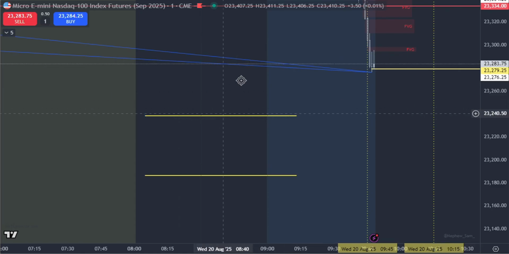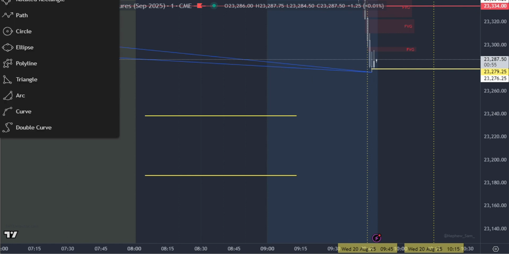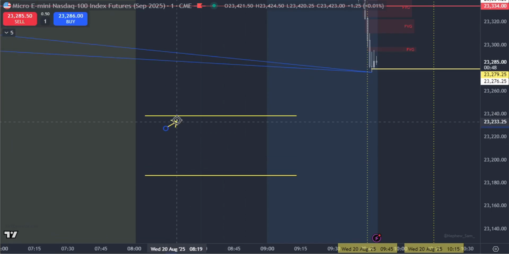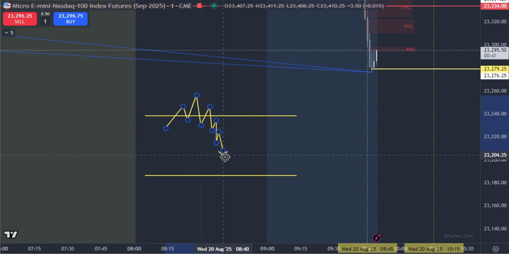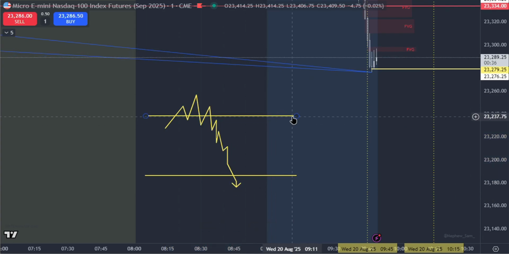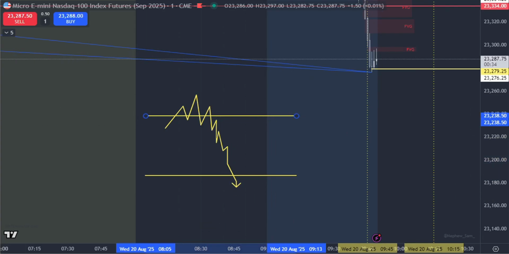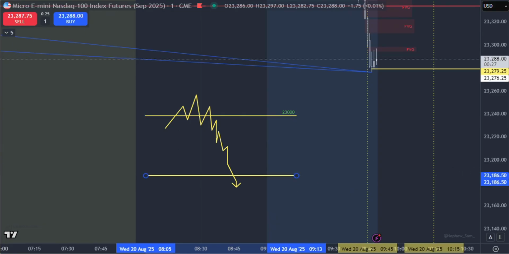So if you take your 23,000, and you see a market structure shift on the higher time frame, and then you target 22,000. So like this could be your 23,000 NQ price. Then you look for a market structure shift.